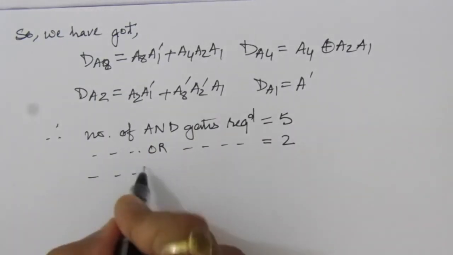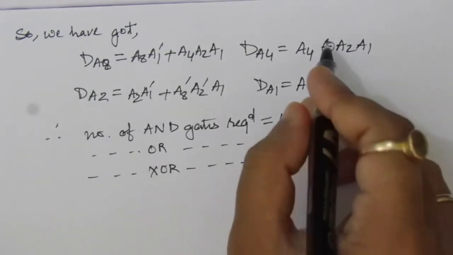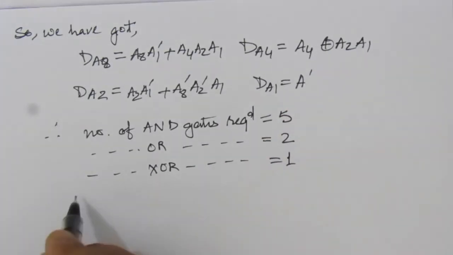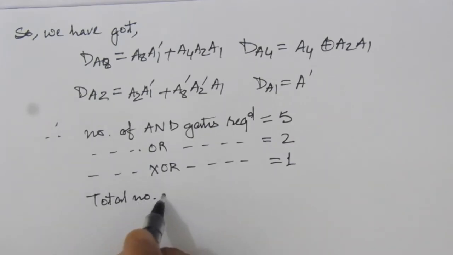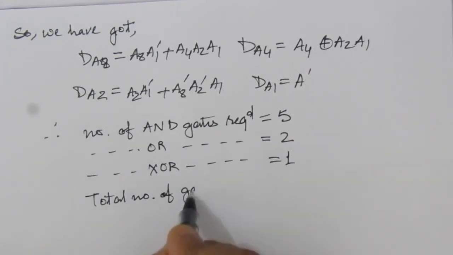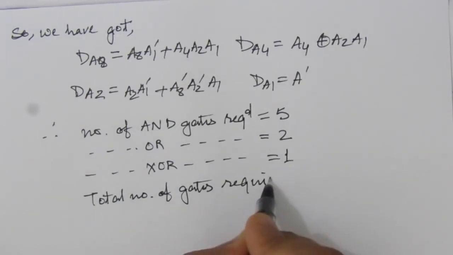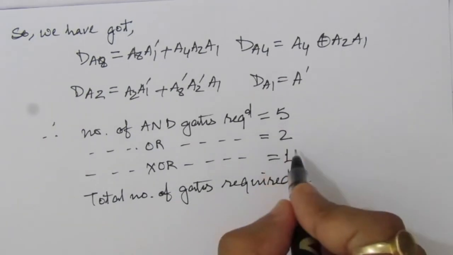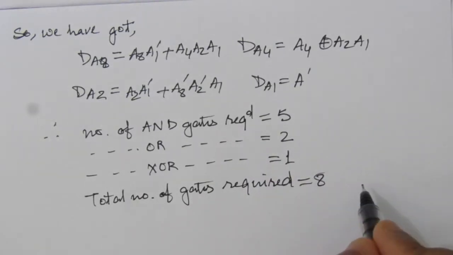So number of XOR gates required is equal to 1. Therefore total number of gates required is equal to 5 plus 2 plus 1, so it will be 8. So here we need 8 gates.